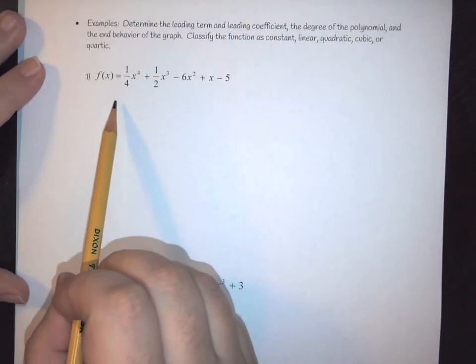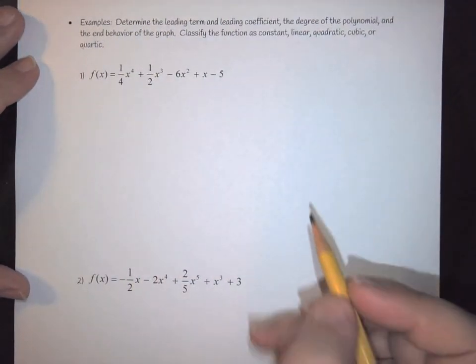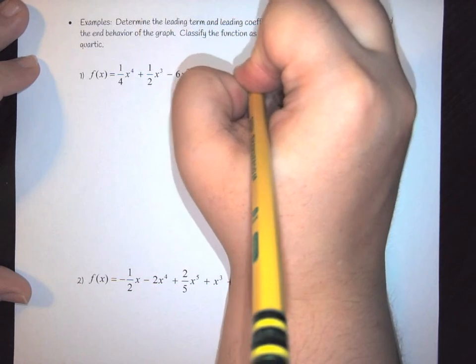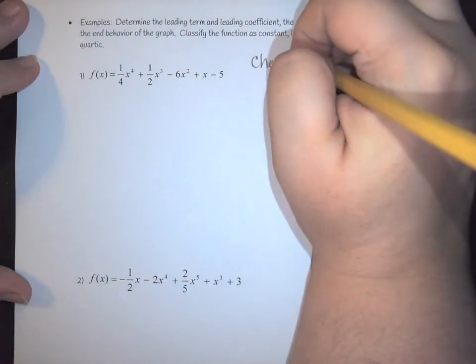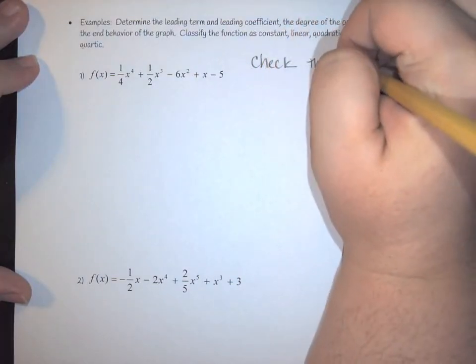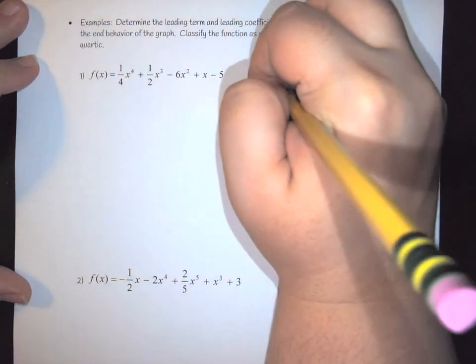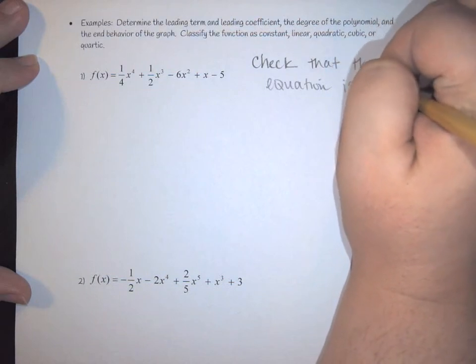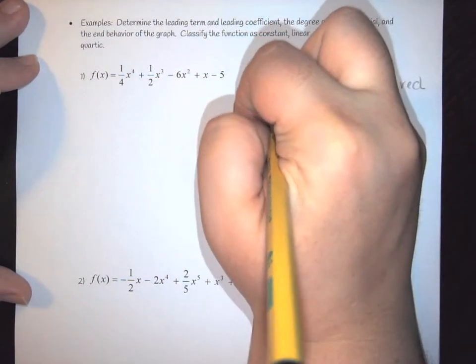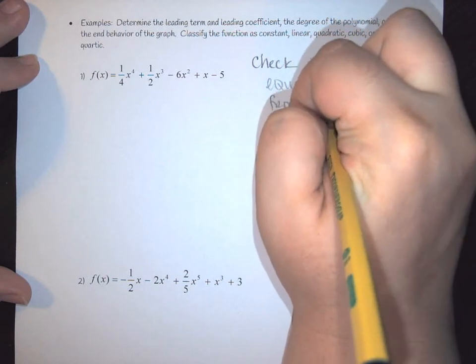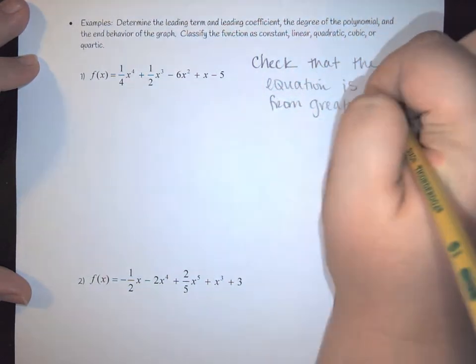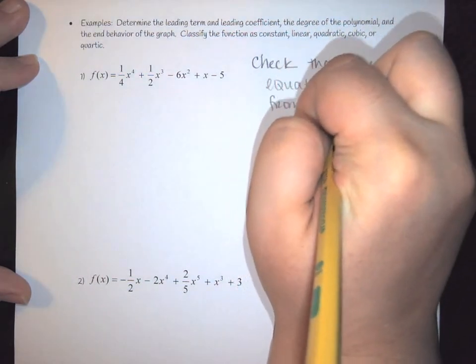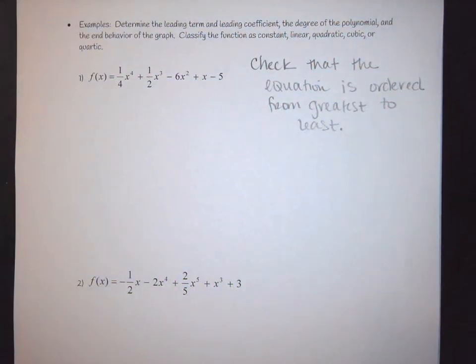So in this first one, what you always need to check is that the equation is ordered from greatest to least. In other words, it should be in descending order, which is the standard way that equations should be written.